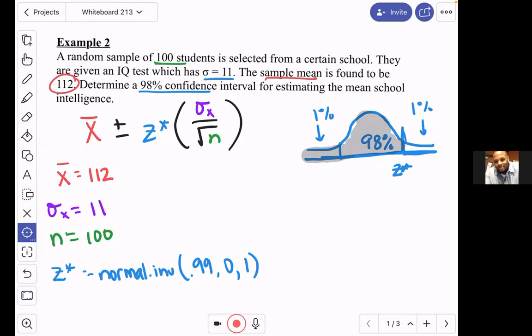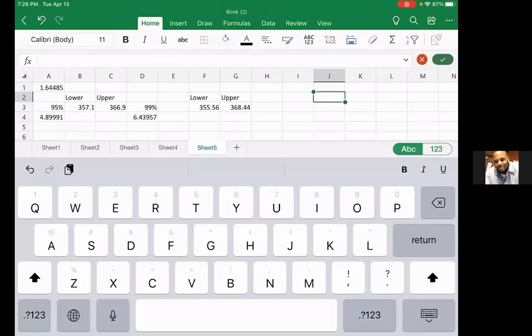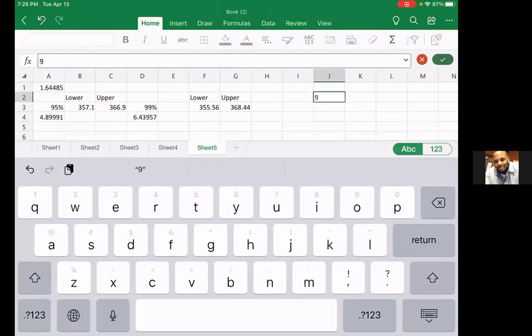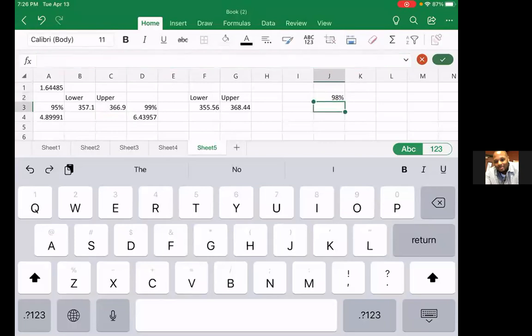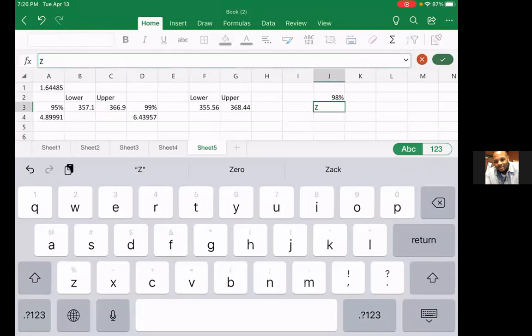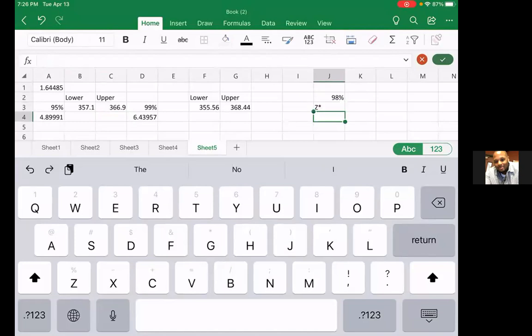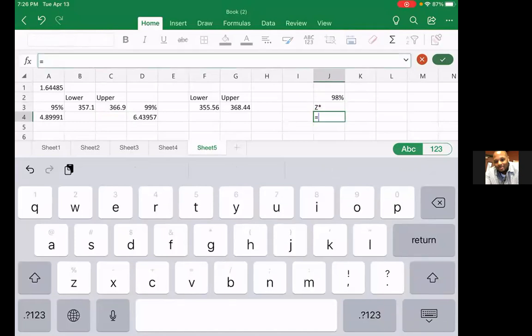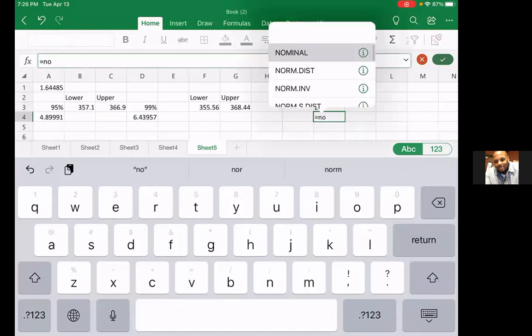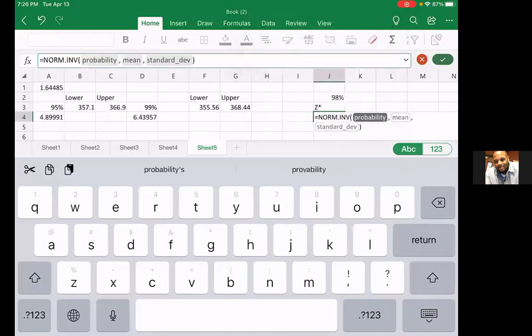So when I do this in Excel, for the 98% confidence interval, my Z star is equal to, so start typing in normal so I get norm.inv.